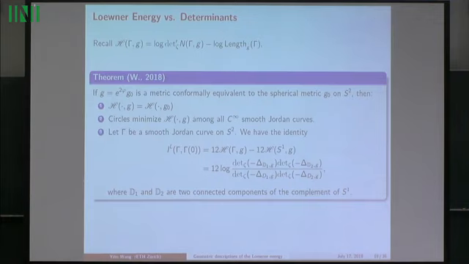And this can also be written in the other way as the log of determinant of the Laplacians. Here D1, D2 are the connected components of the complement of the circle S1, and the components in the complement of the curve gamma.